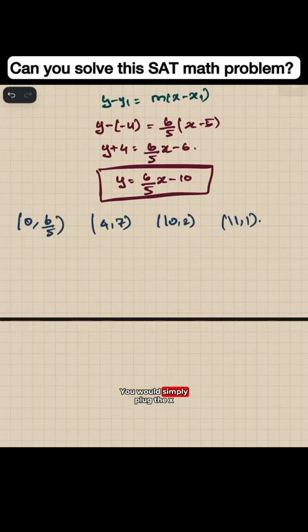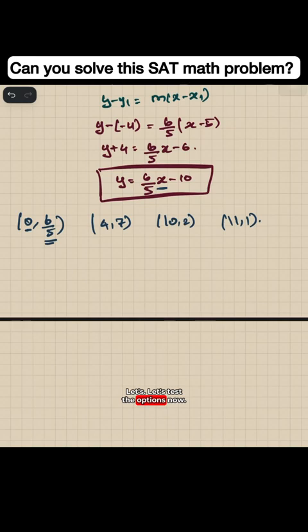You would simply plug the x value into the equation, into the y form, and you want to resolve the equation, and then the answer that you get should be equal to the y value. If it is equal to the y value, then the point lies on the line, and if it doesn't, then it does not lie on the line, right? So that's how you test it.